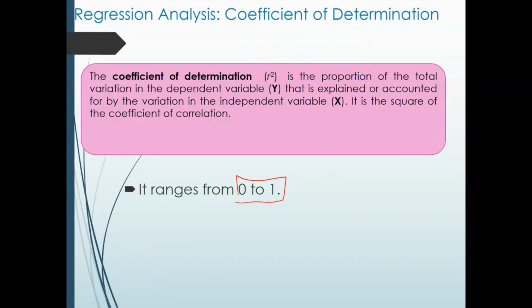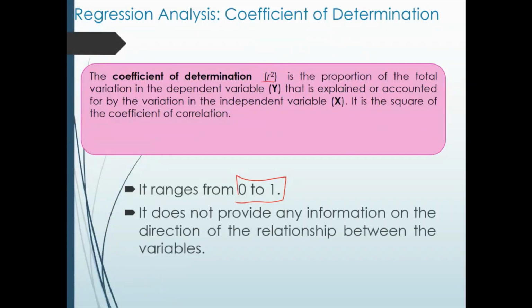There's no sign to it, so it doesn't give me a direction, like the slope does. If the slope is positive, the line is going up, and if it is negative, the line is going down. The coefficient of correlation also gives me a direction, positive or negative. Here, I don't have a direction. So if you're looking at the graph, you have to see the direction, because R squared will not give it to you.